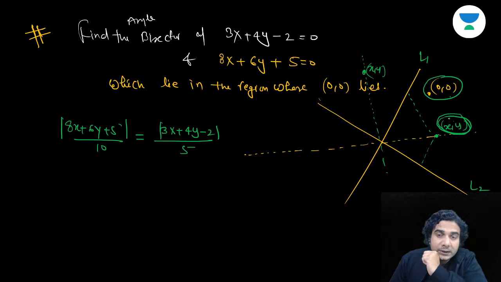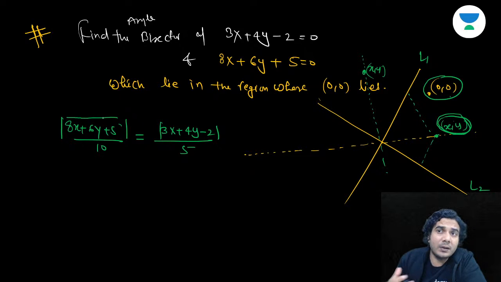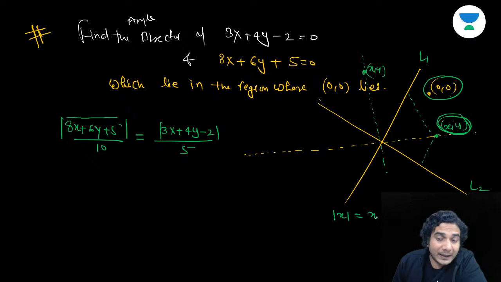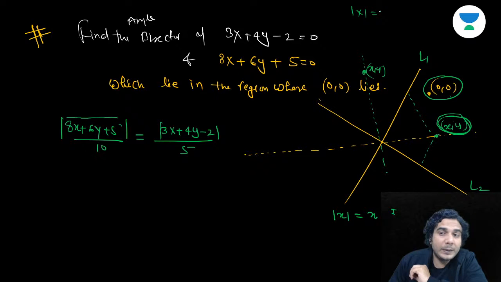So that means we can identify the sign of this expression, and once we know the sign of a number whose mod we are taking, then we know that mod of x will be plus x if x is positive, and minus x if x is negative. All right.